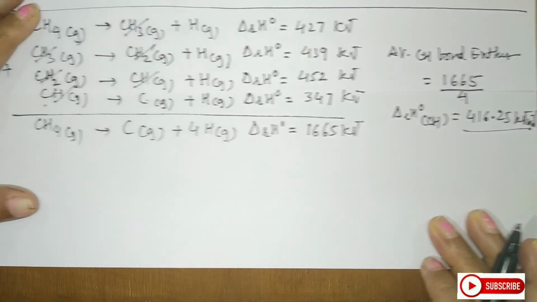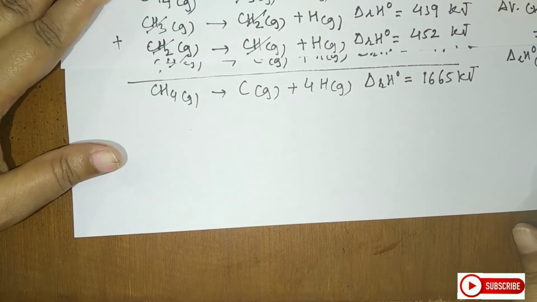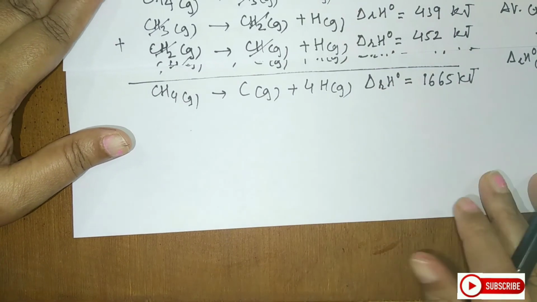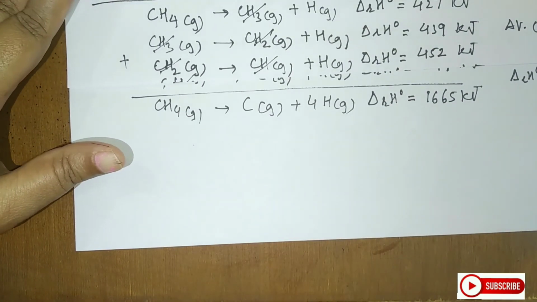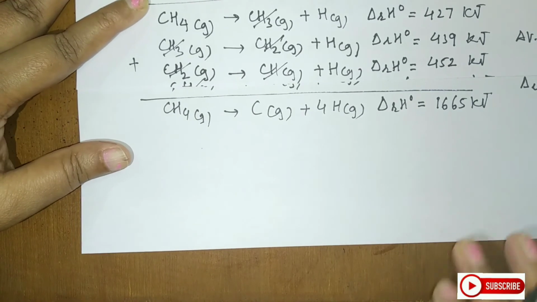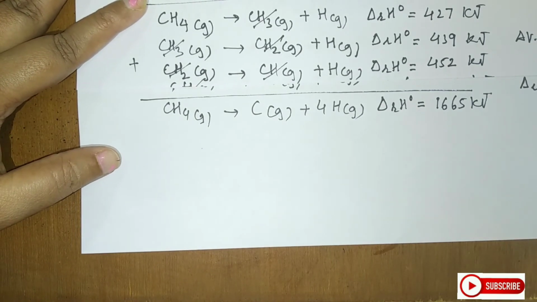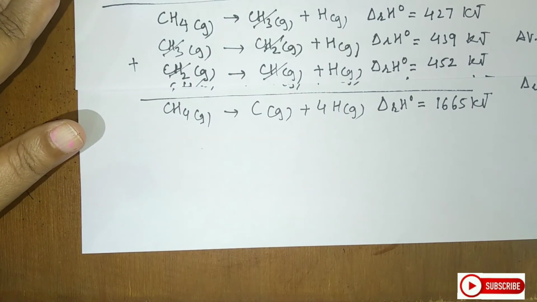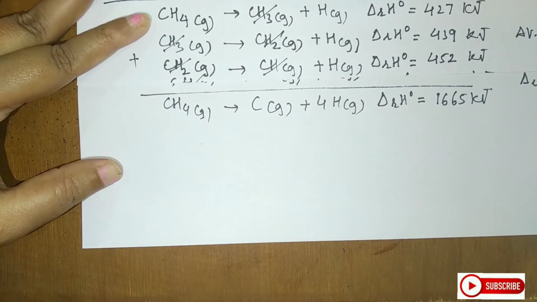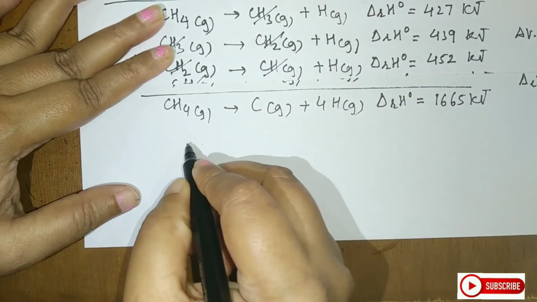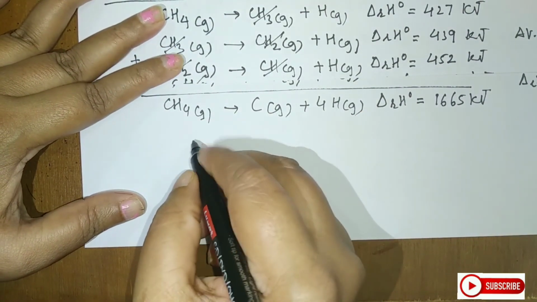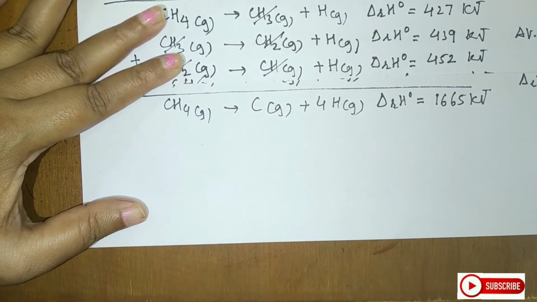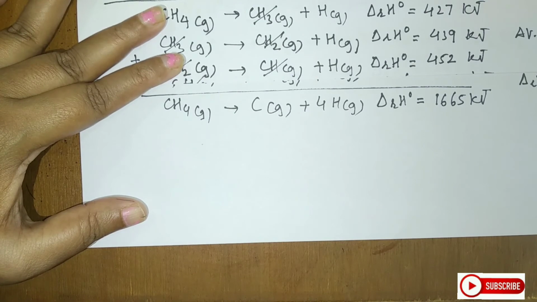So students, this is how you consider the bond enthalpies. For diatomic, whether it is homo or hetero, you simply go for the total, while for polyatomic, we always go for average bond enthalpy. Now let us see the formula what we use to calculate the bond enthalpy for the reaction, which is very, very important. Usually the formula what we consider is the total summation of the enthalpies of the product minus that of reactant.